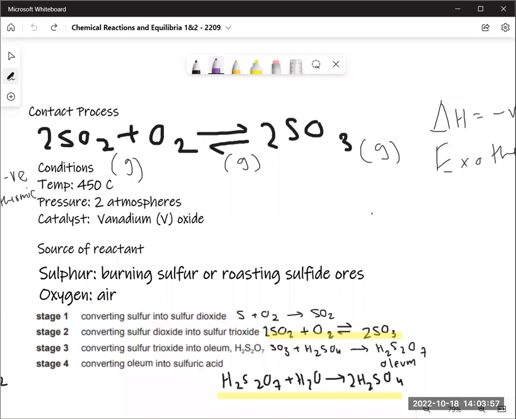Let's stop, not all of that. We have to look at the conditions first. Now, conditions are 450 degrees Celsius, pressure needed is 2 atmospheres, and the catalyst is vanadium(V) oxide. The catalyst does not really have an effect on the equilibrium. I've told you that already, have I?